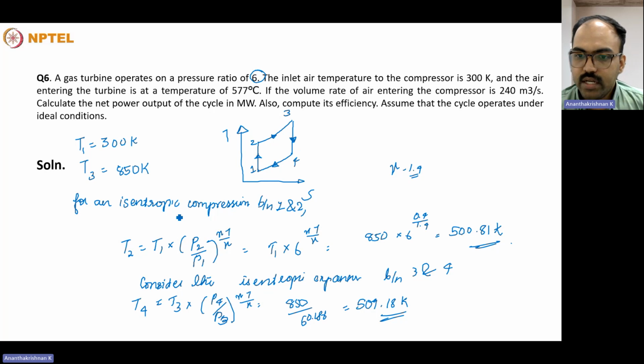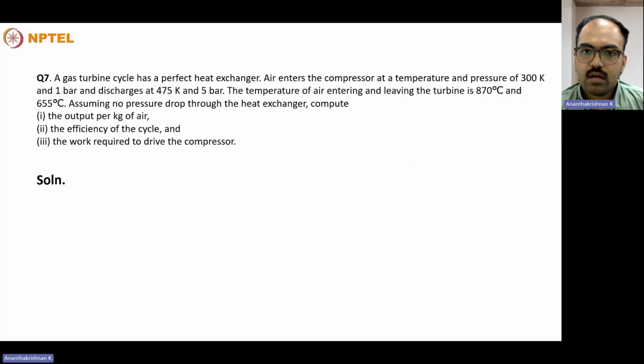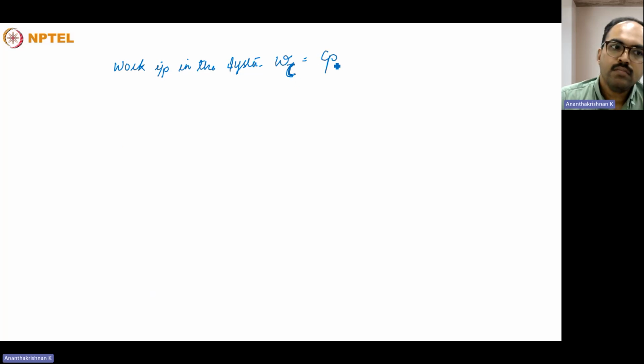So we have determined all the temperatures T1, T2, T3, T4. We can determine the work input to the system. Work input to the compressor, that is isentropic process.